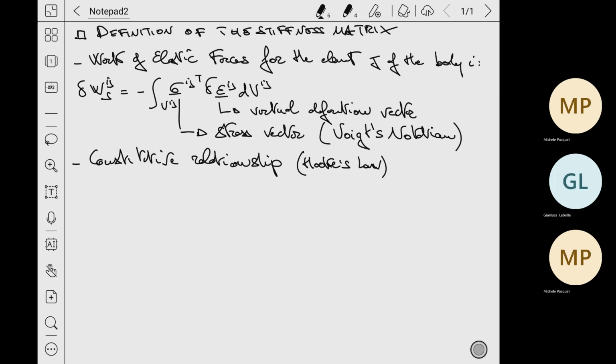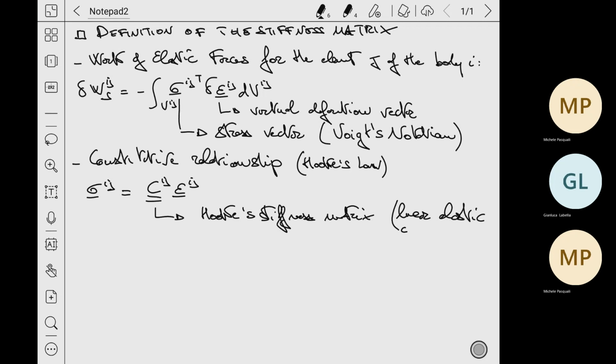And we have that sigma ij is basically C ij applied over epsilon ij, where this is the Hooke's stiffness matrix. So this is, again, a linear elastic constitutive law.